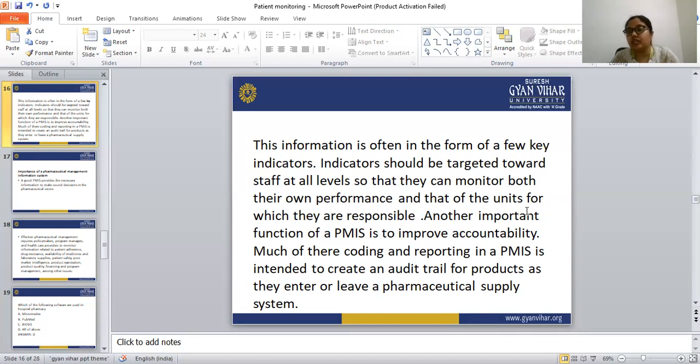But with the help of the computer it becomes very easy. The PIS, the Pharma Information System, helps in inventory management by maintaining the internal inventory of all pharmaceutical products and providing an alert when the quantity of an item is below the required quantity.